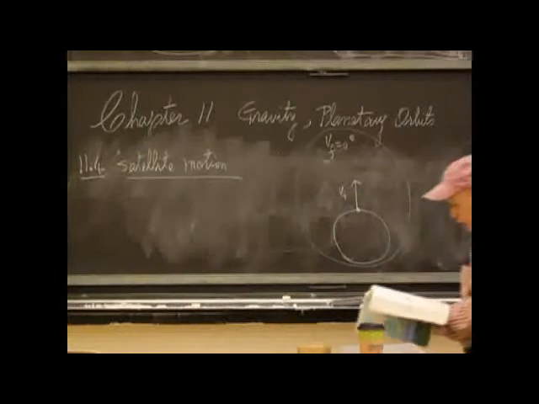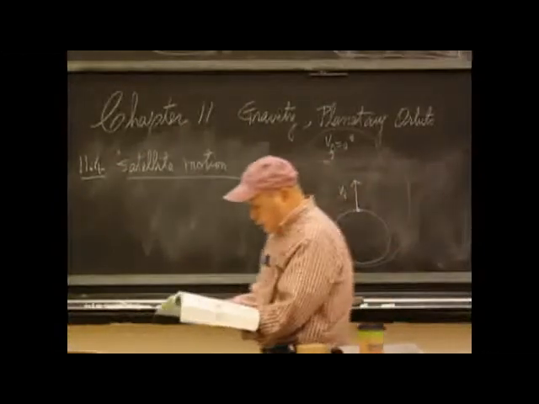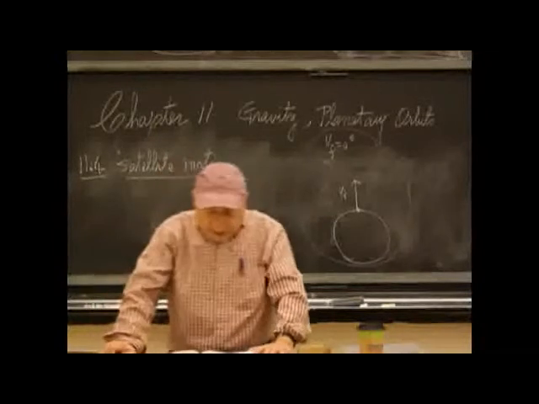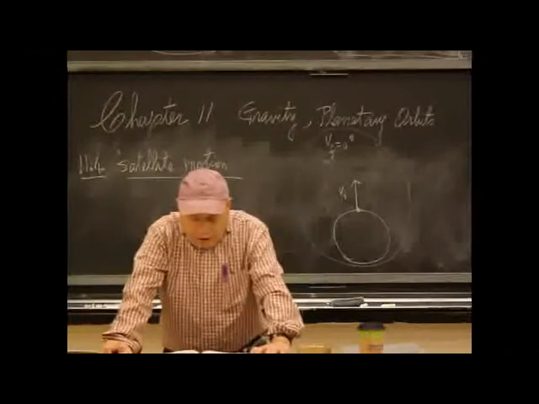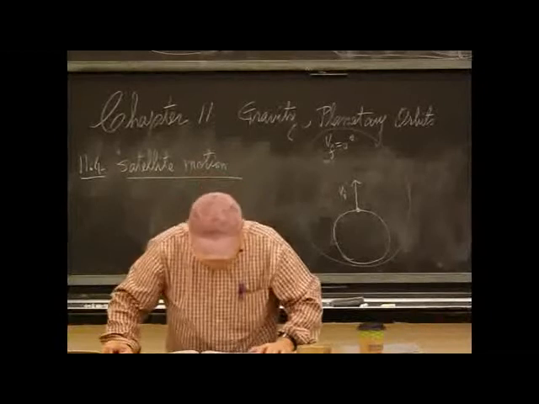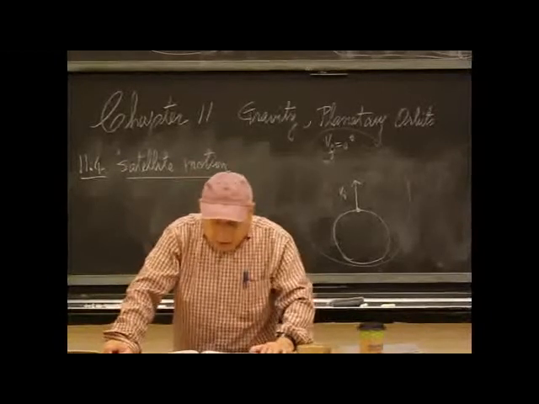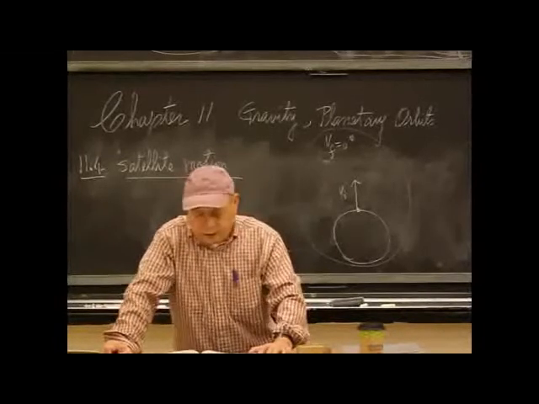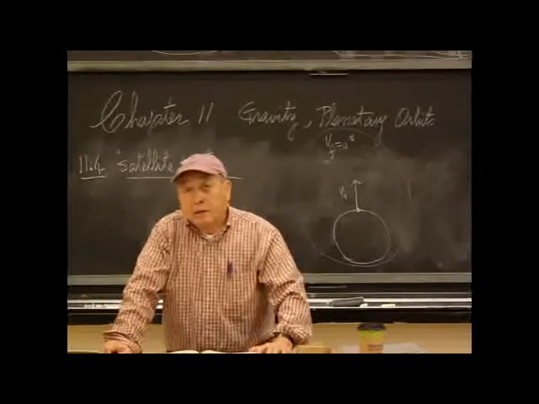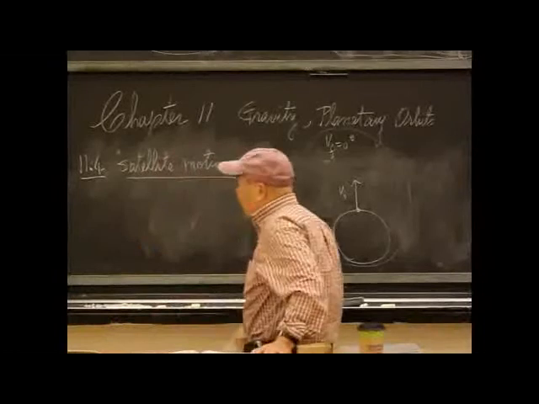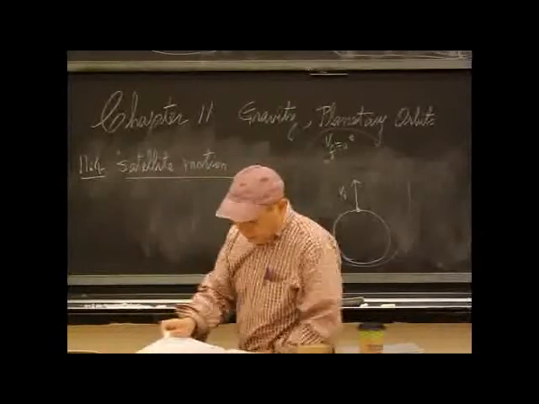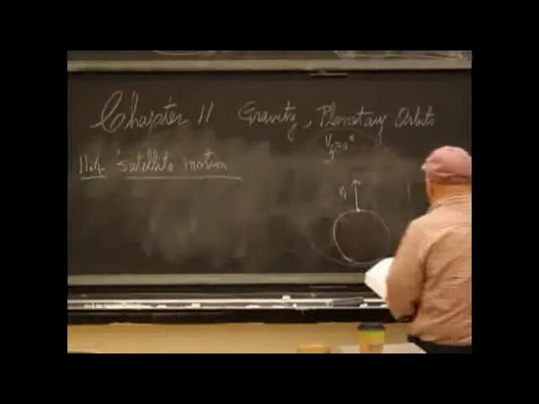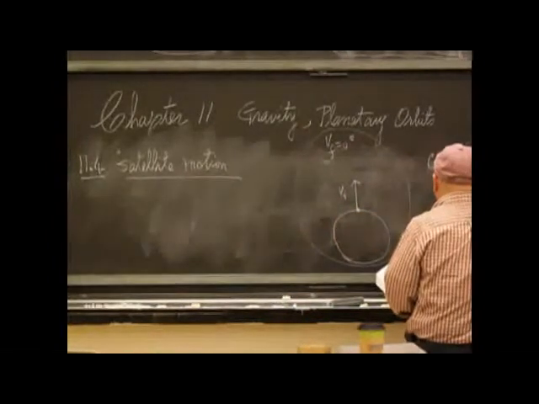First of all, you can use energy conservation. Initially there is kinetic energy and potential energy, and after that, because V_f equals 0, we have only potential energy. So conservation of energy.